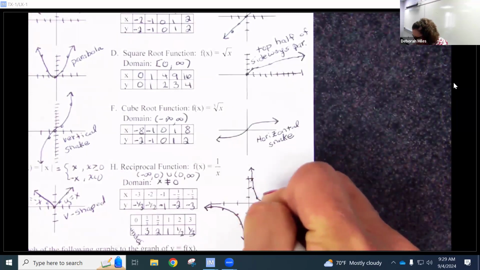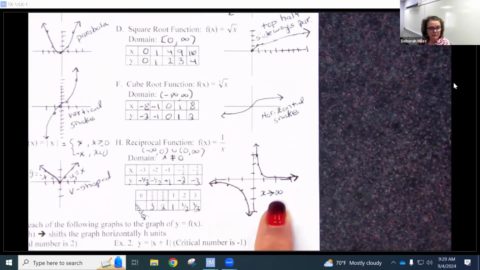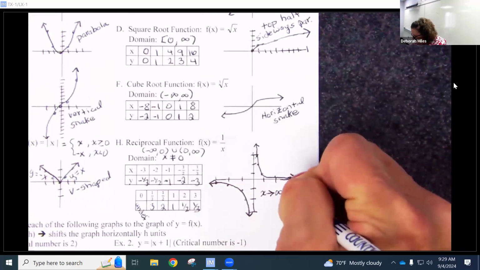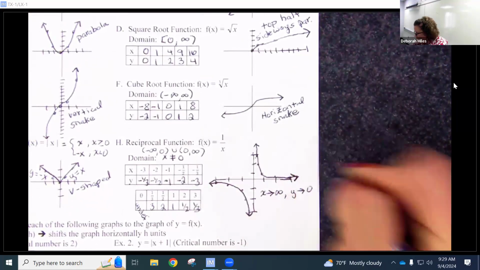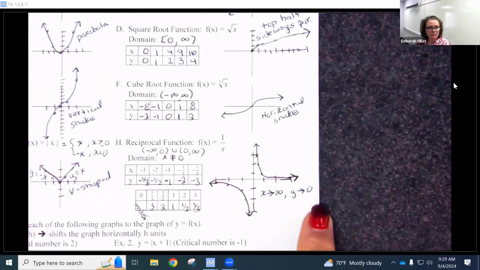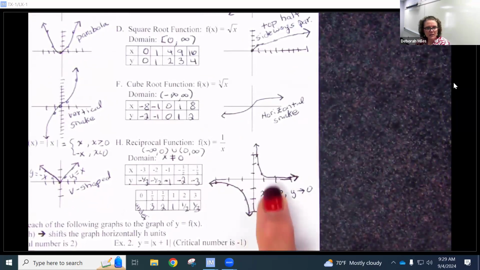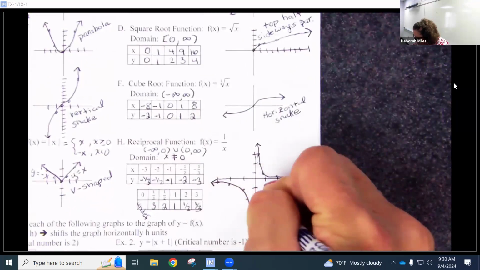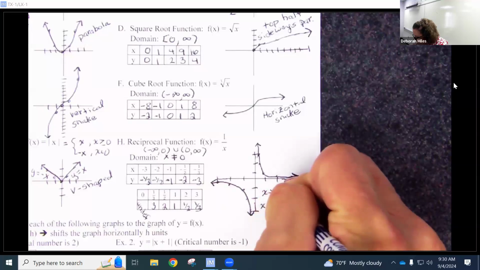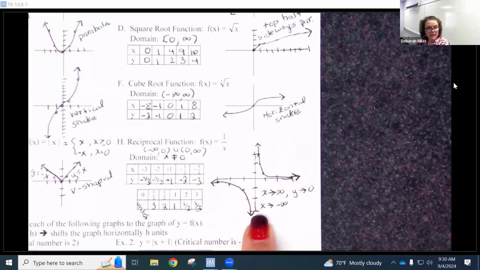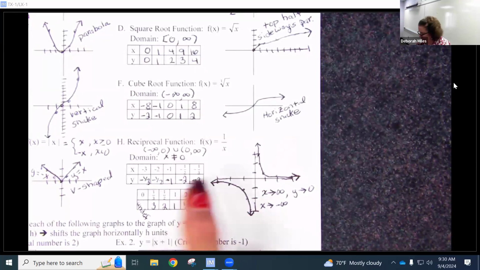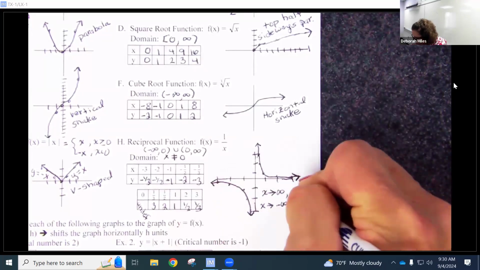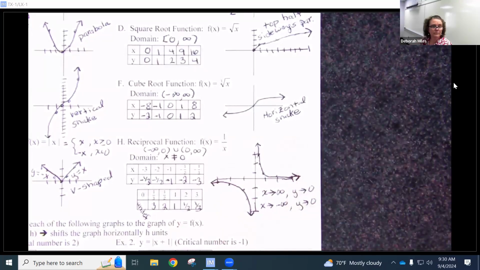This is the notation for as x gets infinitely big, as x goes to infinity, my y's approach 0. As x gets infinitely small, as x goes forever to the left, my y's approach 0 also.